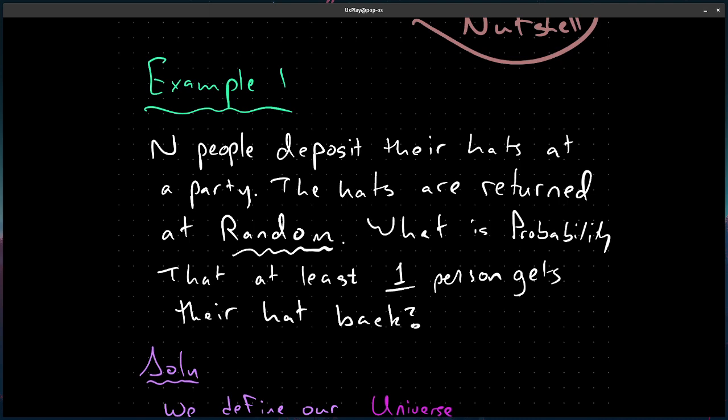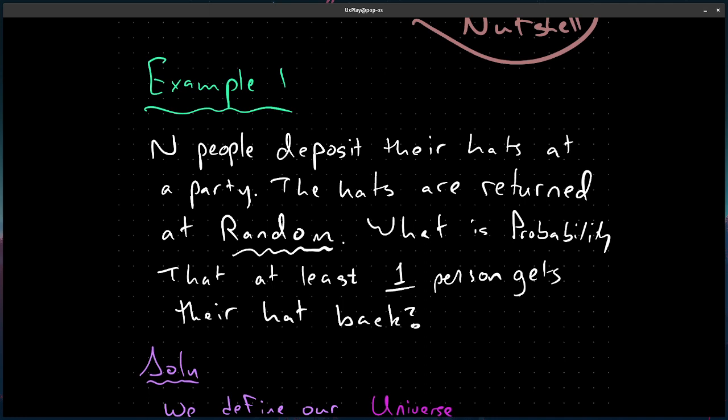So we're going to revisit a classic question. If we have a bunch of people that deposit hats at a party into a hat closet, and they get their hats back at random, what is the probability that at least one of these people gets their hat back?